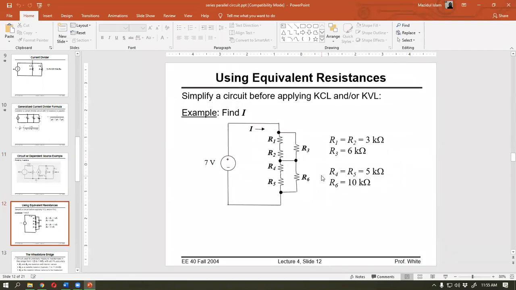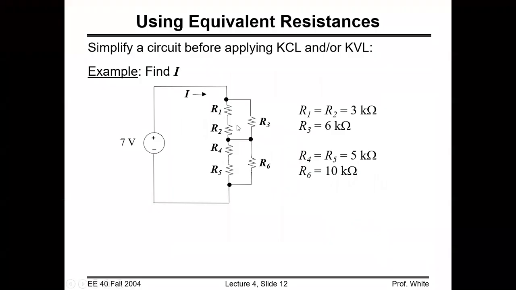This is the question. Suppose in this circuit you find the current. Current means I is equal to V by R, where R means total resistance.